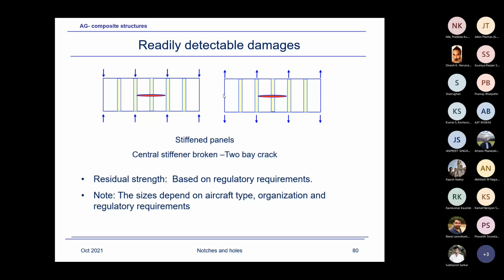Suppose these are the stiffeners, we have to design from the damage tolerance point of view; the condition is two bays crack. Suppose you have a pitch equal to about 6 inches or 150 millimeters. That means we have to analyze this panel for a 300 millimeter crack. And not only that, you have to break the stiffener, assuming that the central stiffener is broken.